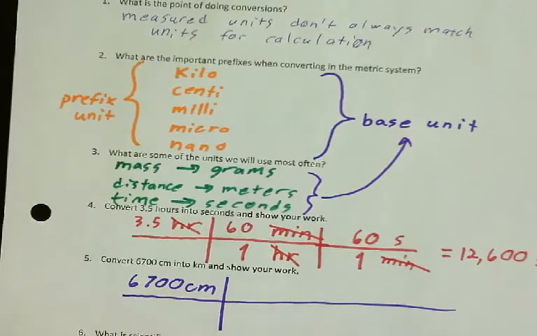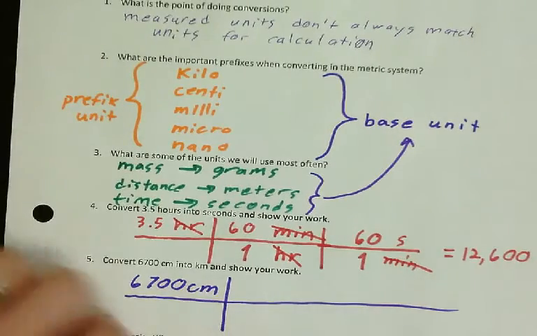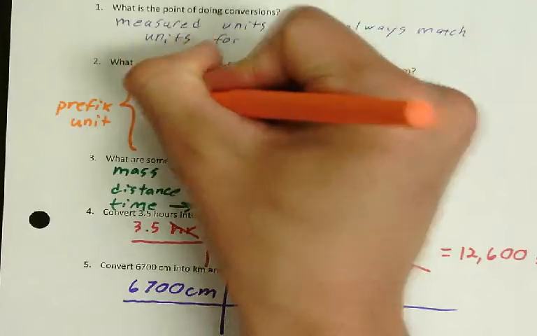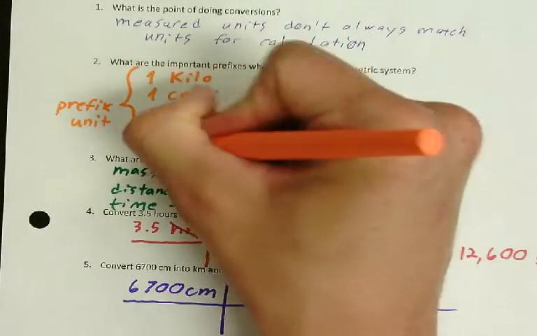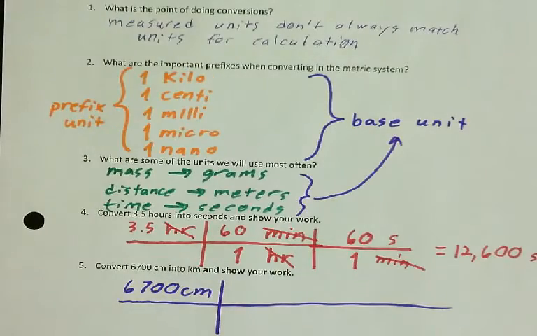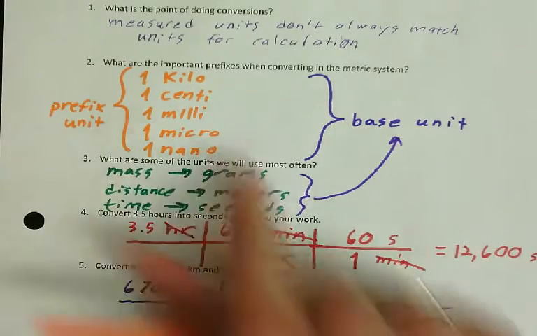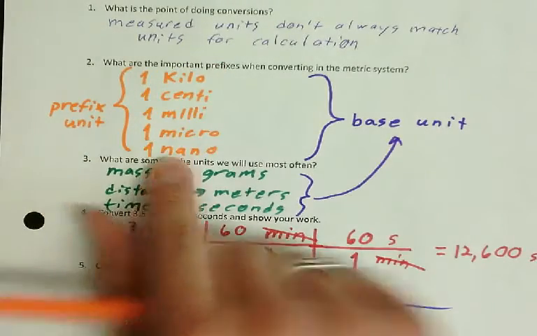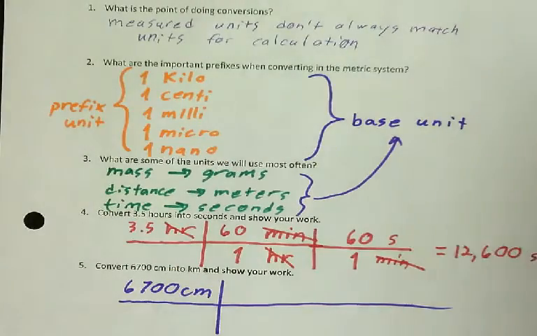So what are the values for these base units? Well, for every 1 kilo, 1 centi, 1 milli, 1 micro, 1 nano, it could be a nanosecond, a microsecond, a centigram, a kilometer, it doesn't matter. For whatever this is, there are this many of the base. And these are the numbers you want to write down.